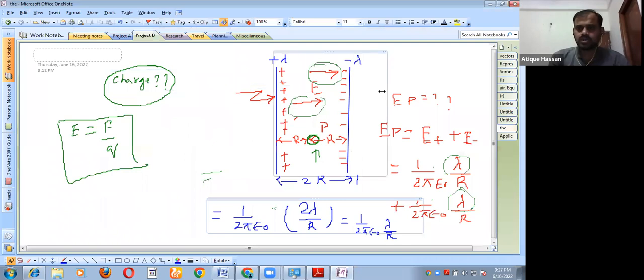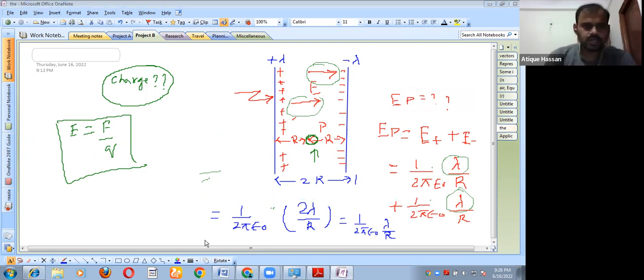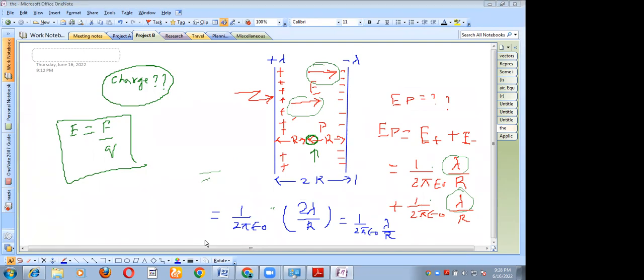So both of you understood this? Please ask if you have any doubt. Any doubt? Shavya, Mamuna, or both of you, understood this one?